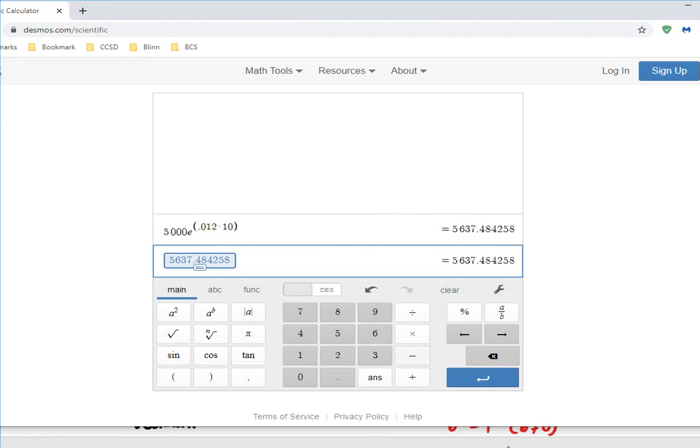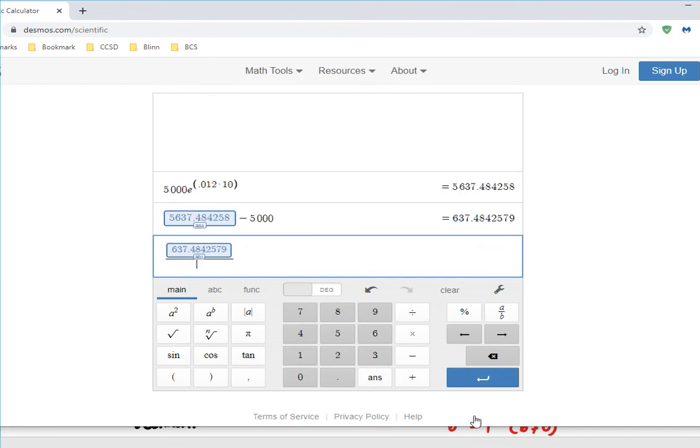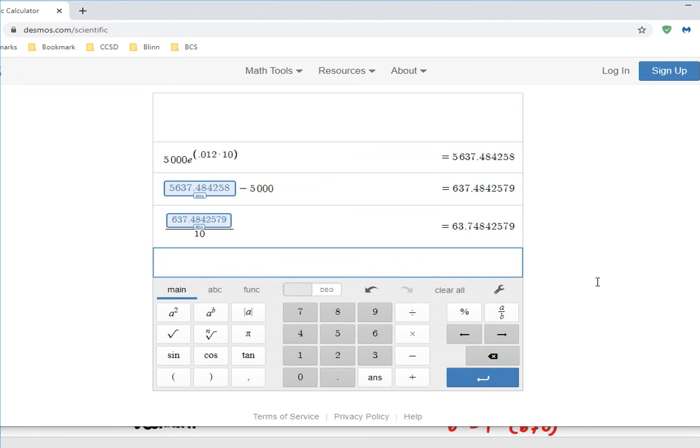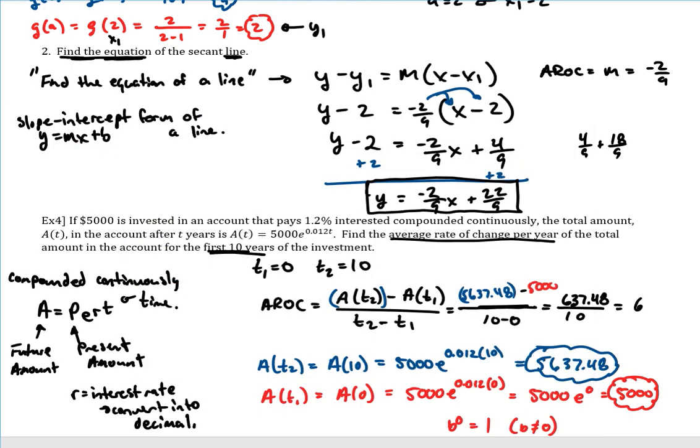Okay, so I want to do the answer minus the 5,000 that we have. Enter to get this. And then I want to do my answer divided by 10 to get that. And to 2 decimals, it would be 63.75.